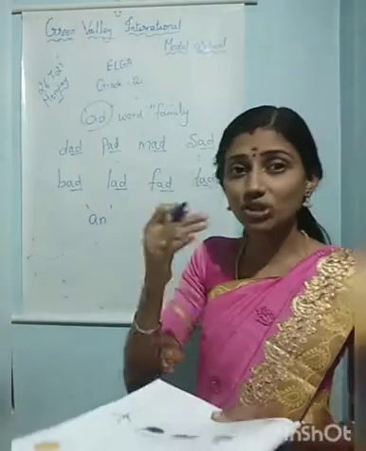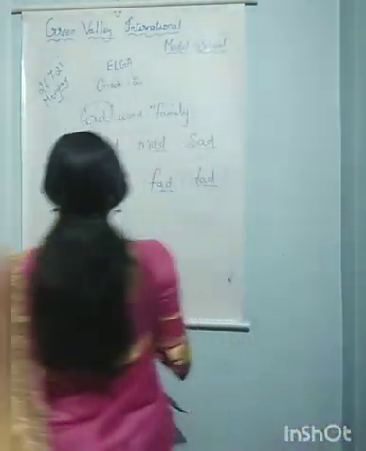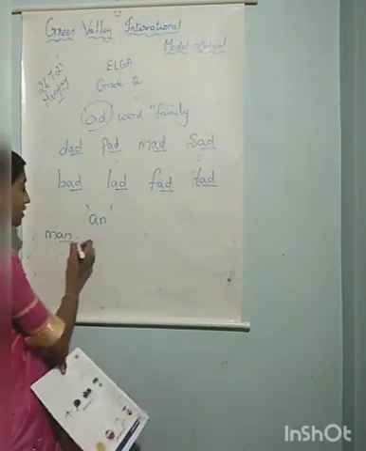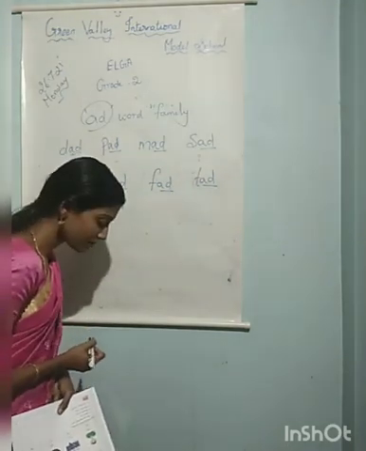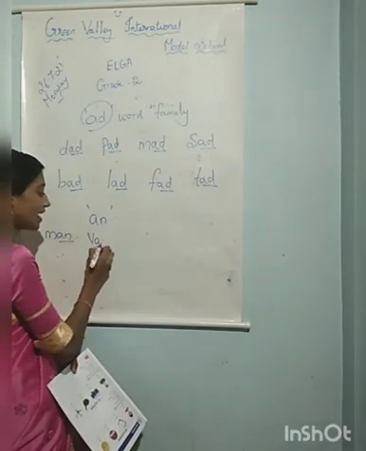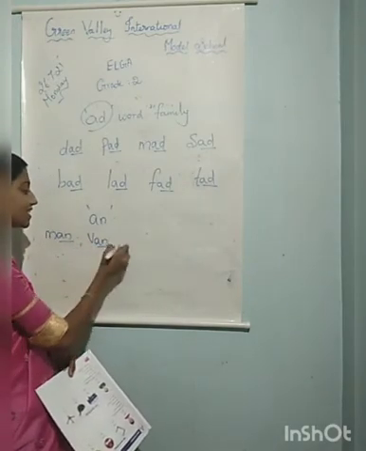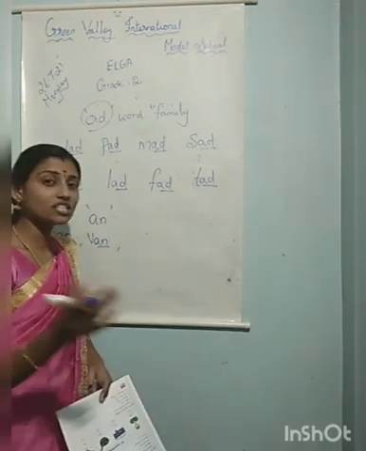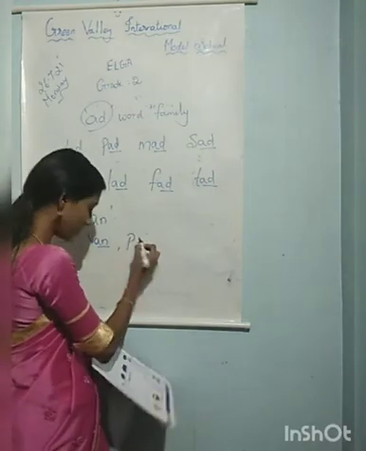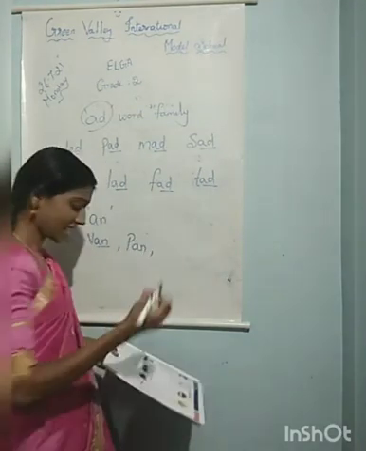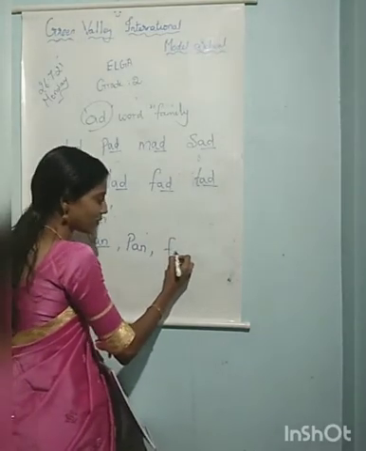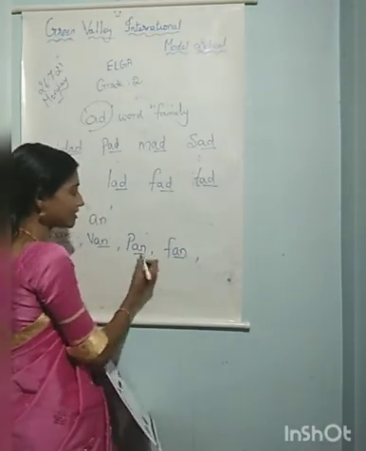Yeah, one by one you have to say. Okay, what is the first word? MAN, man. What is the second one? Can you say, anybody? Very good. VAN, van. So, what is the next word? Look at your book and say, what's the third word? PAN, pan. F-A-N, fan.